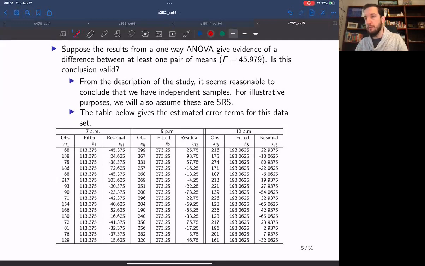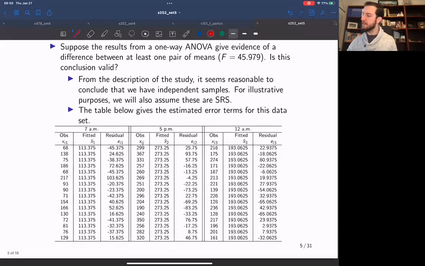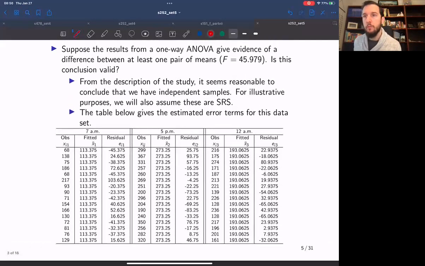To check the normality assumption and the constant variance assumption, we can construct our residuals for this procedure. In the table below, an example of how those residual values are constructed is given.